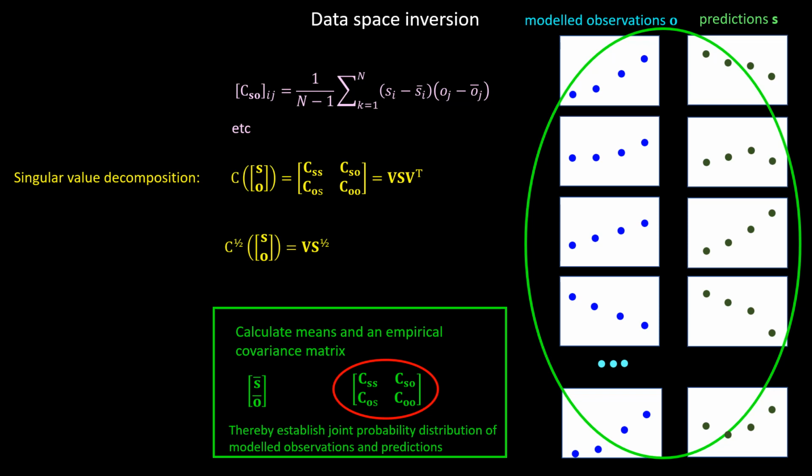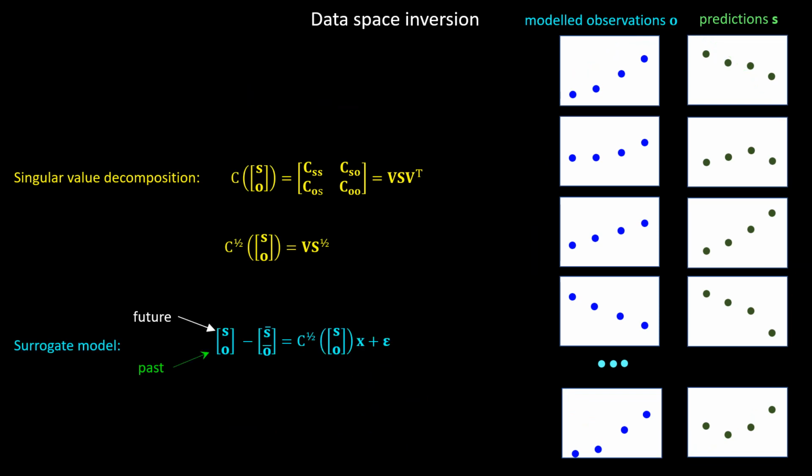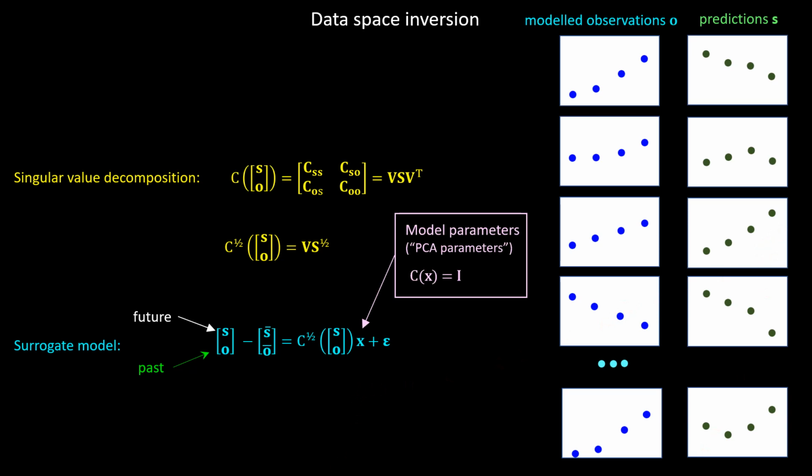Once I've done that, I can build a statistical model that does the same job as the complex model in terms of linking the measured past to the predicted future. This surrogate statistical model has parameters here, which I've labelled X, which are just standard independent normal deviates.